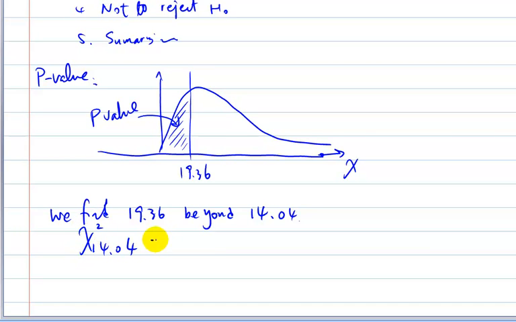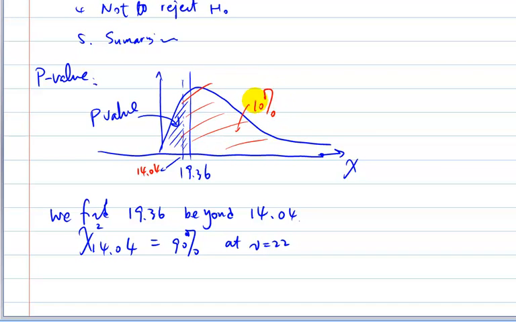The chi value 14.04 gave me 90% at v equal to 22. If I draw it here, 14.04 must be somewhere here, because it's less than that. And the area to the right is 90%.